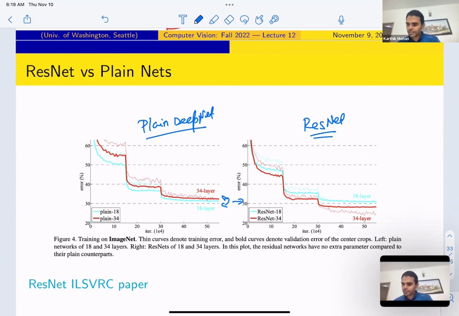Okay, so this graph tells us that ResNet has actually fixed the issue of degradation, because now you see the red and the blue curves have swapped positions, and you are doing as expected. So the 34-layer model is definitely better than the 18-layer model in terms of the error.